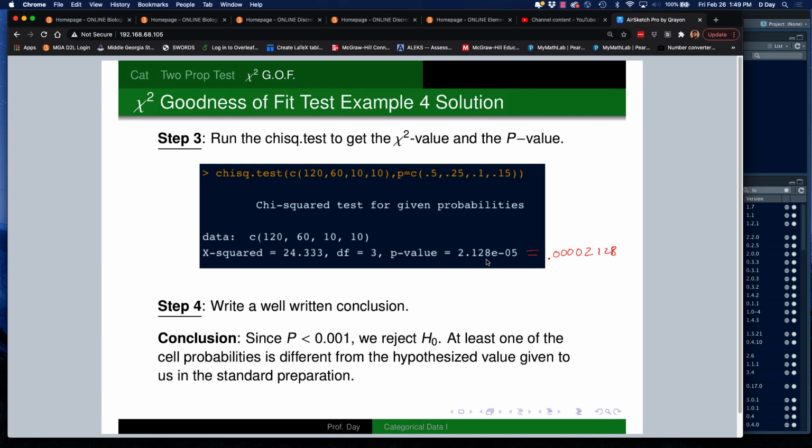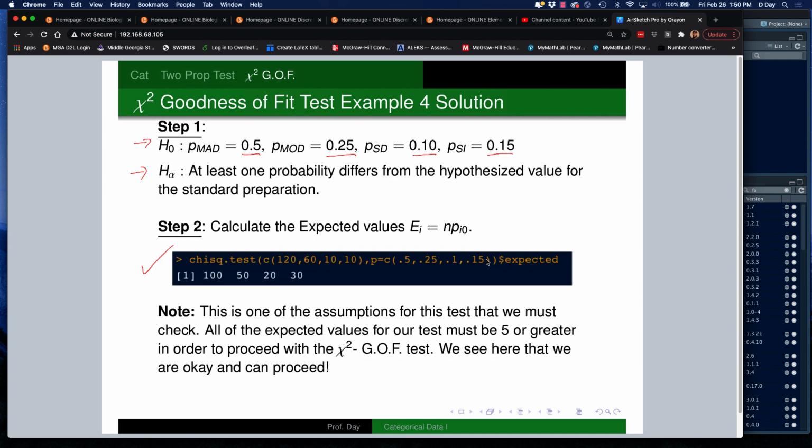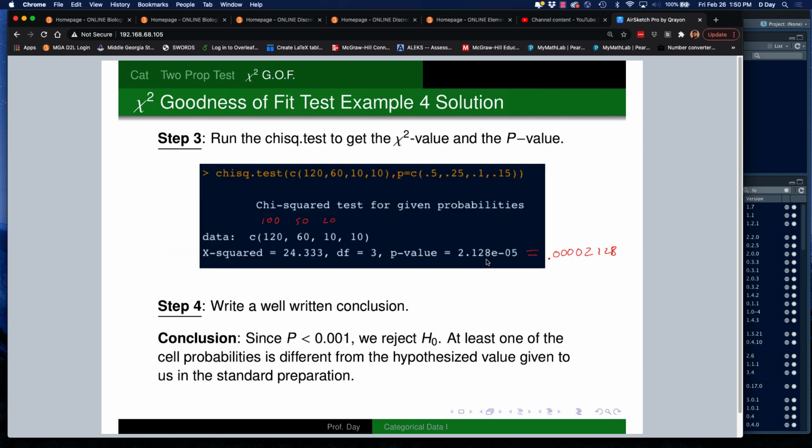And actually, if you think about it, if we look at our observed values versus the expected values, we see a difference, because remember the expected values were 100, 50, 20 and 30. This is a lot less here.